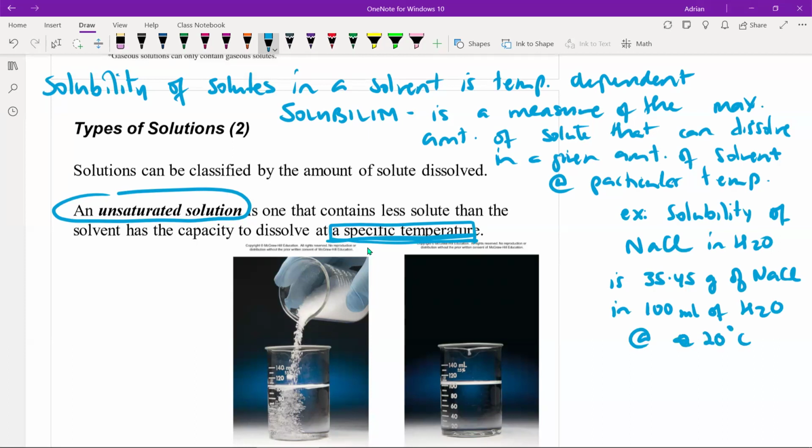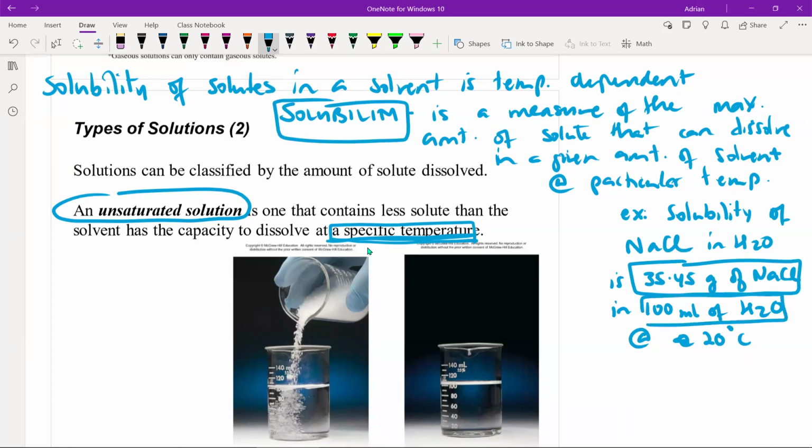This idea of solubility tells us the maximum amount of the solute that can dissolve in a given amount of solvent at a particular temperature. And these are typically going to be grams per mil at a particular temperature, or depending on the units, they can be slightly different.